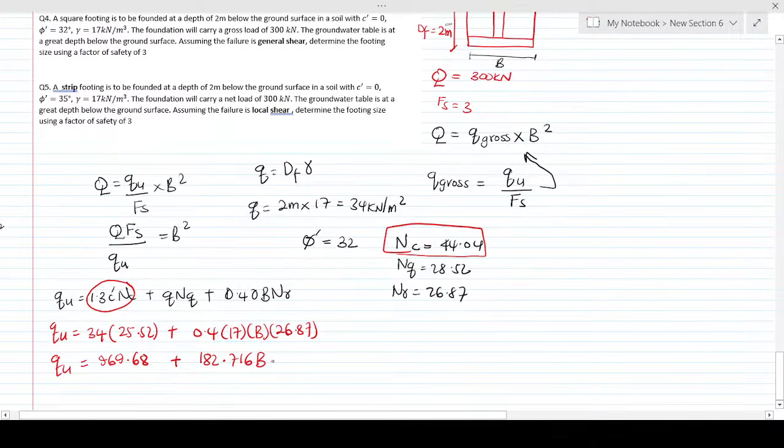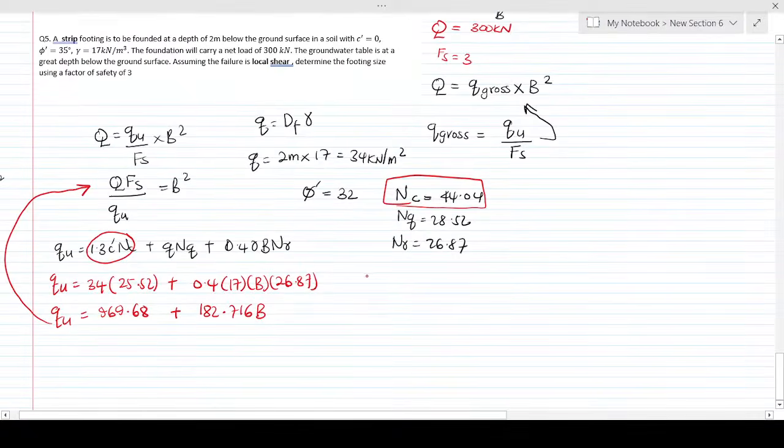Now I can put this in this equation, right? You see that Q was 300, times 3, all over QU, which is 969.68 plus 182.716 B, equal to B squared.